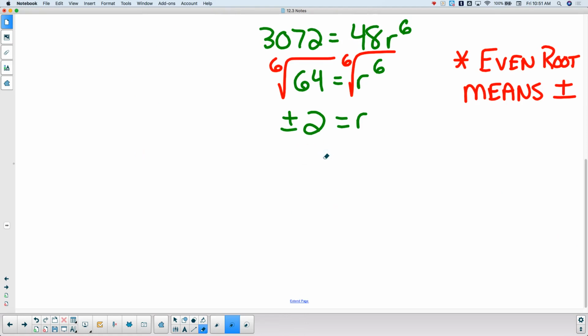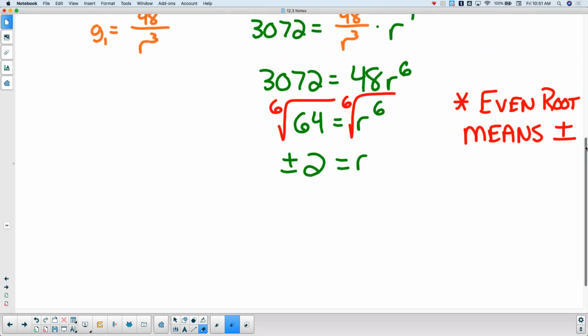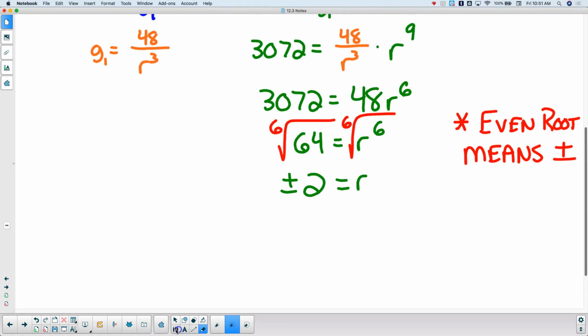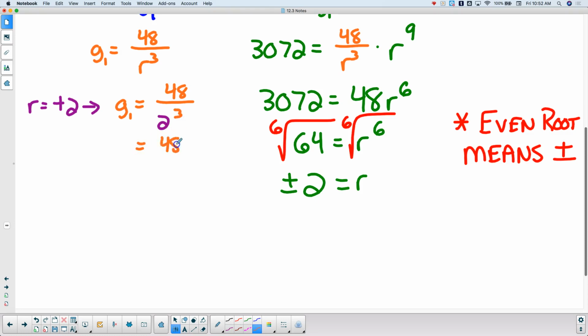So that means when I go back to find my g sub 1, I have to do 2 different ones. When r is positive 2, then g sub 1 would be 48 divided by positive 2 cubed, which would be 48 over 8, which is 6.